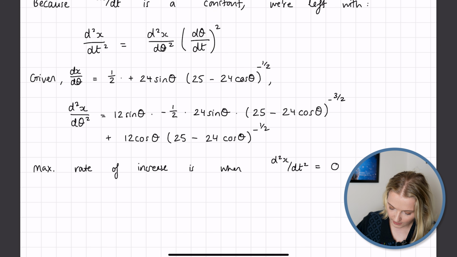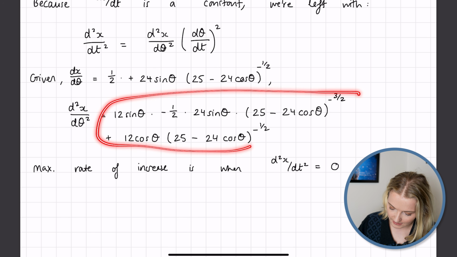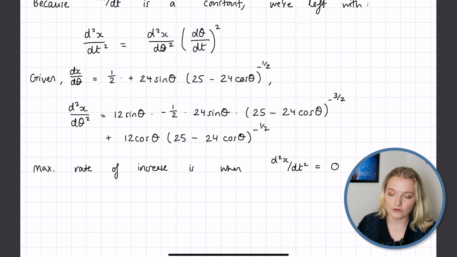Cool. So the max rate of increase is when the second differential of x with respect to t is 0, but it's also when the second differential of x with respect to theta is also 0. So essentially we just need to be taking all of this in here and setting it equal to 0.